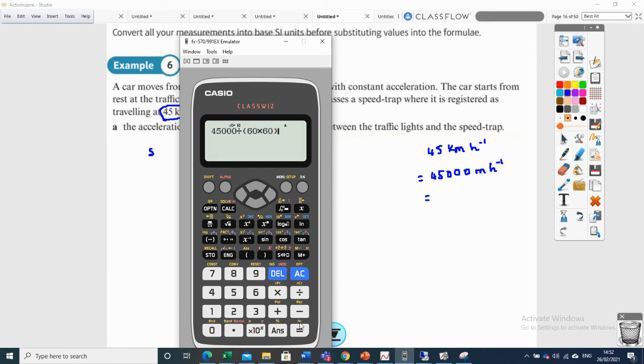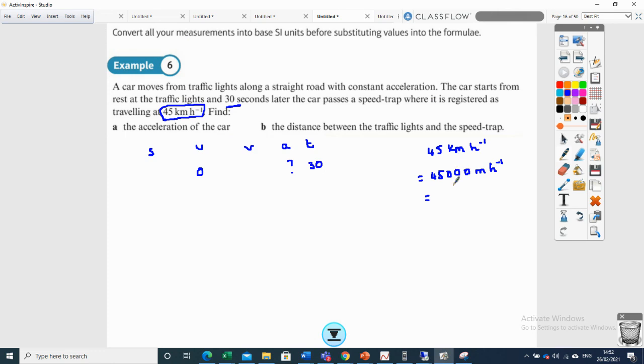We could just divide it by 3,600. Gives us 12.5 meters per second. Okay, so this would be 12.5. Generally it's always best to work in meters per second for these, unless you're told to do otherwise.